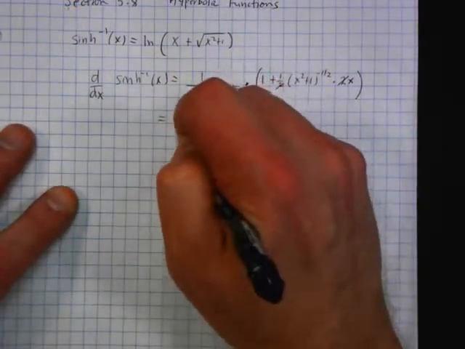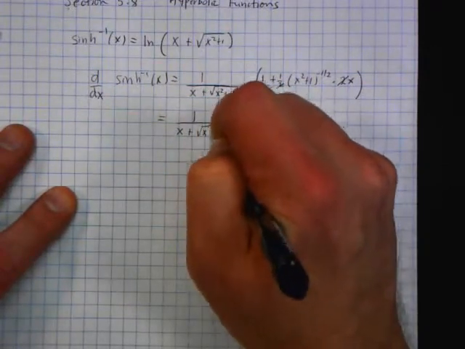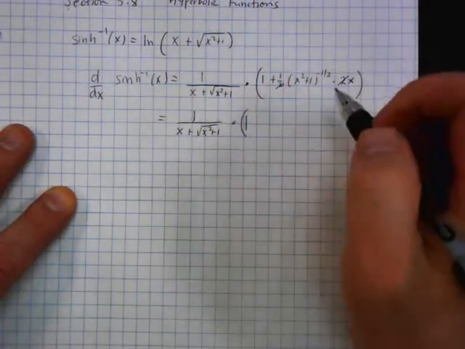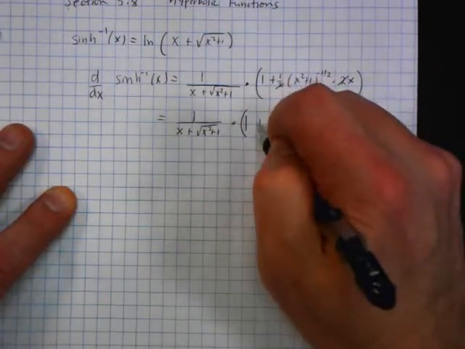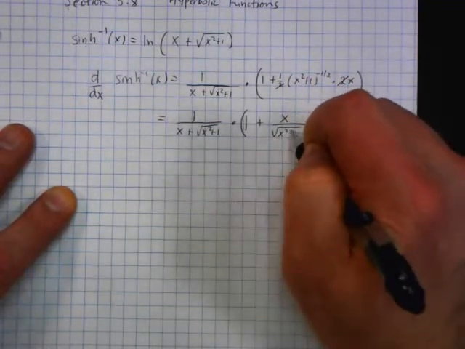This one is 1 over x plus the square root of x squared plus 1, and then we would have times, right, we'd have 1 plus x over the square root of x squared plus 1.